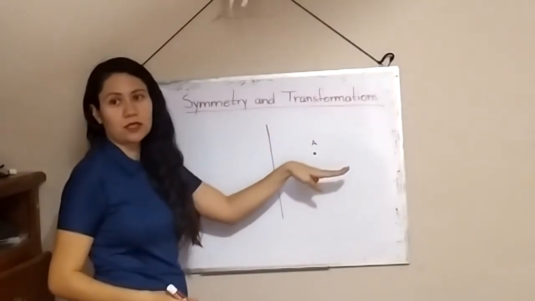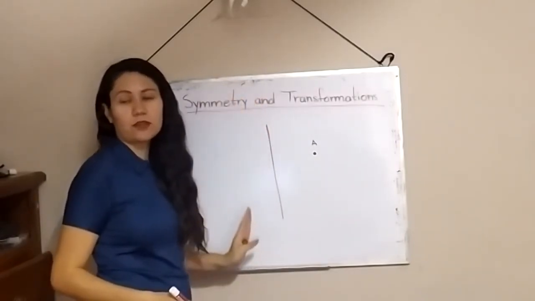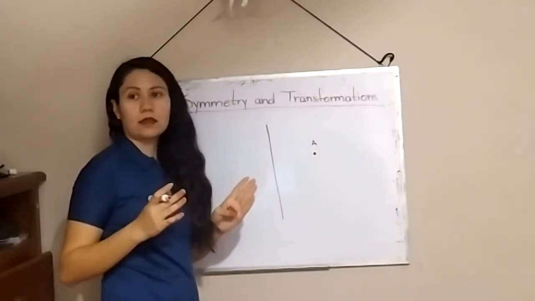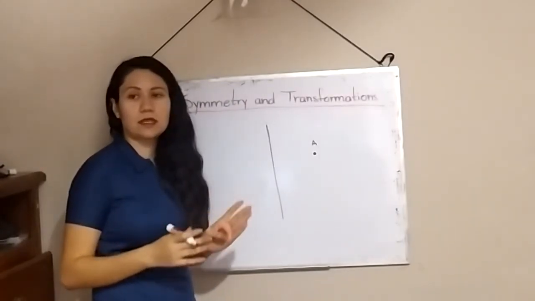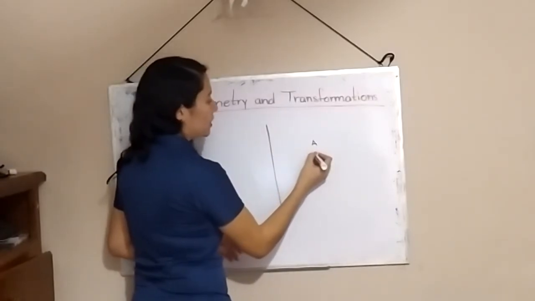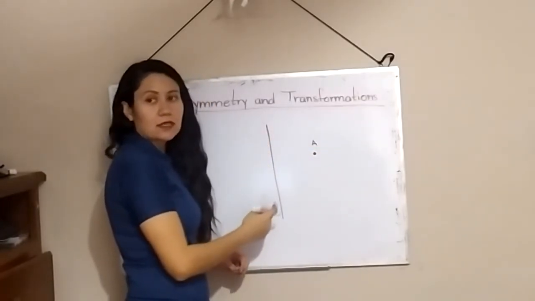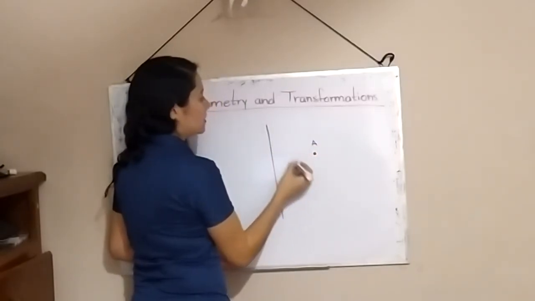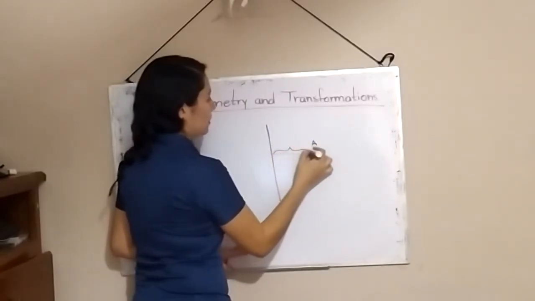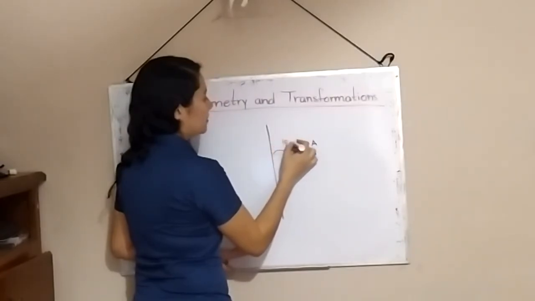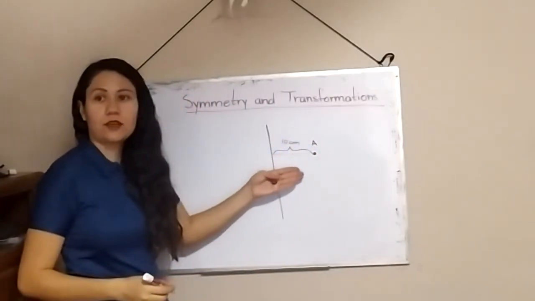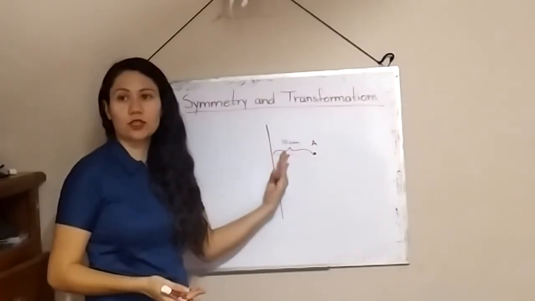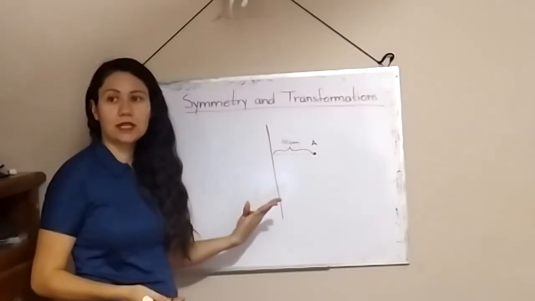The line of symmetry can be horizontal, it can be vertical, or it can be diagonal. The characteristic is that the point is at the same distance from the line. If this distance is 10 centimeters, then the reflection of this point has to be 10 centimeters to the other side of the line.